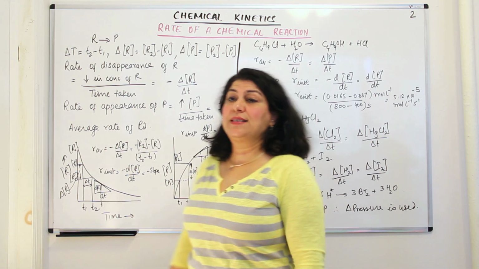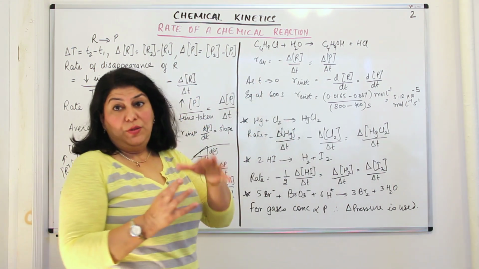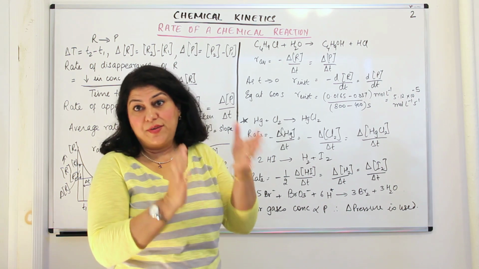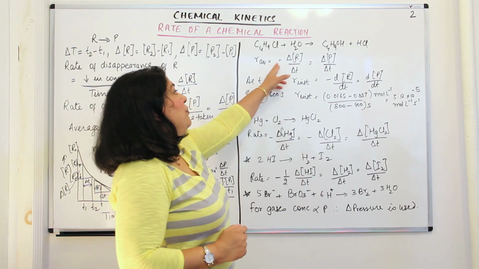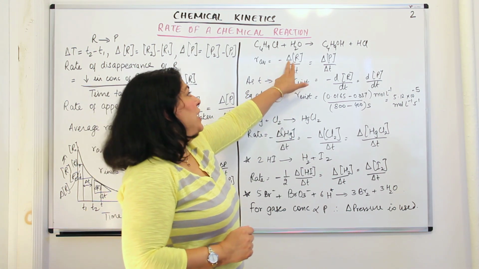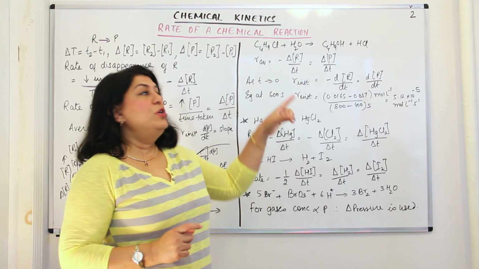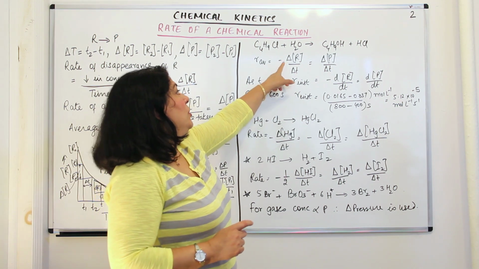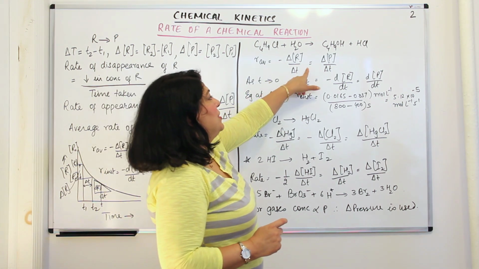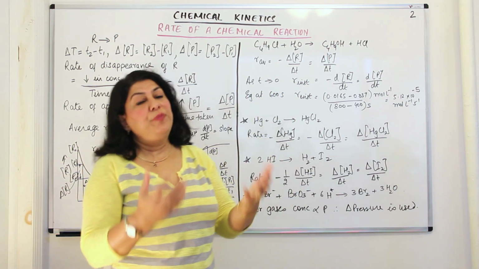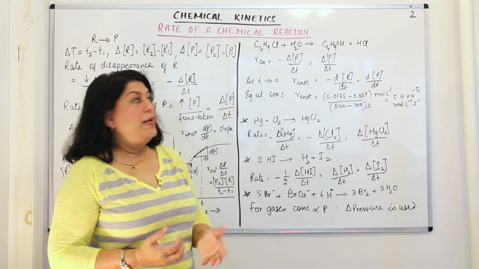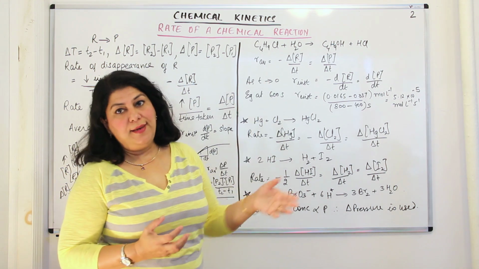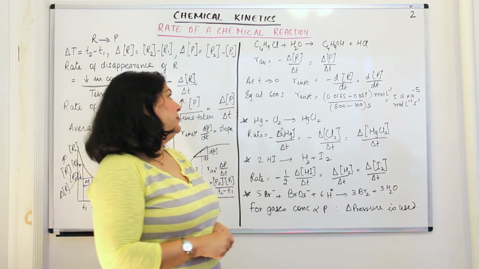On the basis of that, in the book they explain that if you have to calculate R average, that is the average rate of reaction, it would be equal to minus the change in concentration of reactant upon the time taken, which is equal to the change in concentration of products upon time taken. That is delta P upon delta T, which is equal to minus delta R upon delta T.